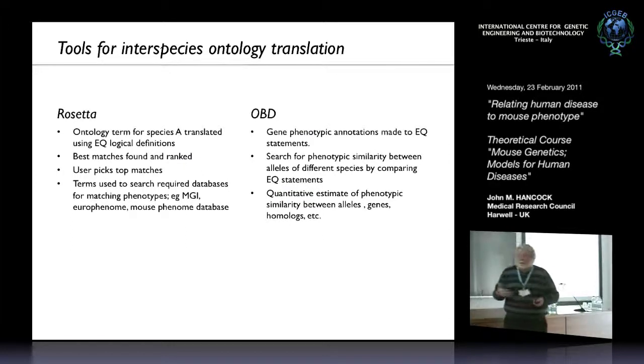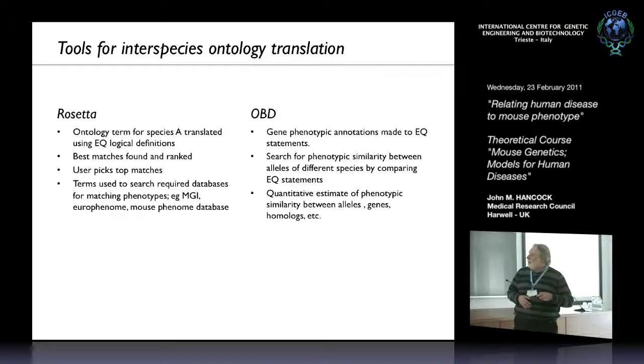And I'm coming to the end of the ontology stuff now. Hopefully you've got an impression of where the complexity lies. It's about description, but it's about making sure that descriptions are rigorous, and that's really the hard part of doing it. These are just a couple of tools that have been built to help do this cross-species linking.